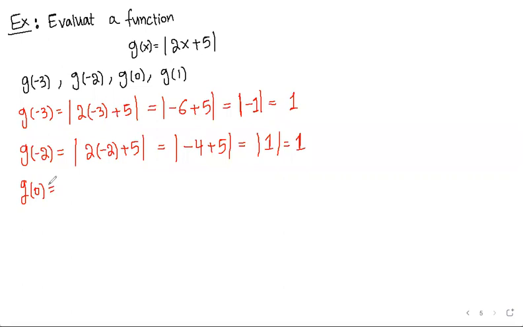g of 0. Same idea. You plug in the 0. So 2 times 0 plus 5. 2 times 0 is 0, plus 5. They give me 5. g of 1.